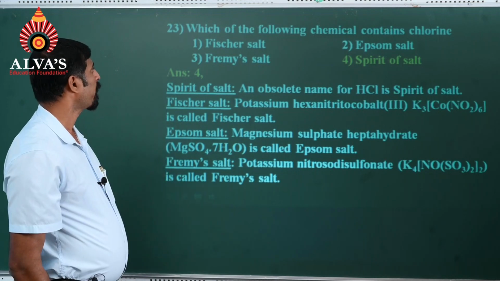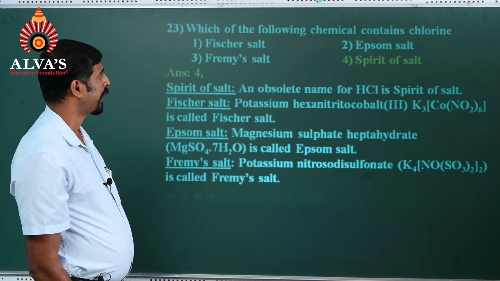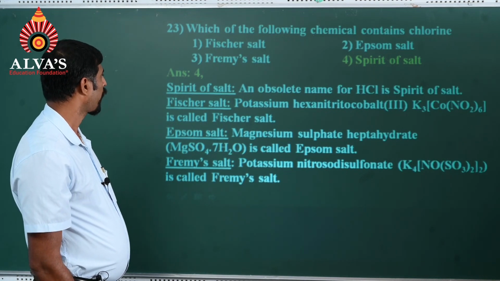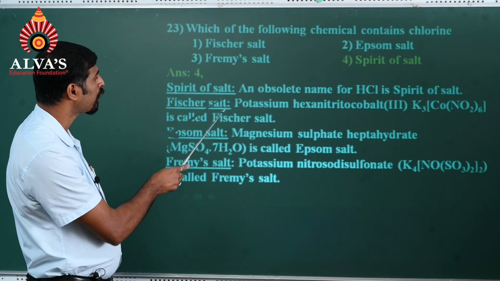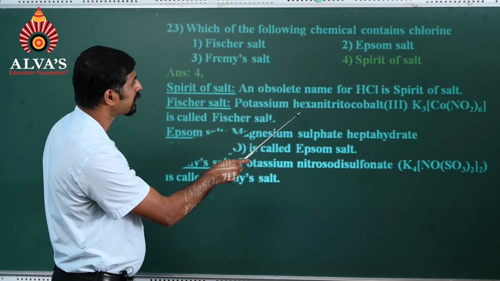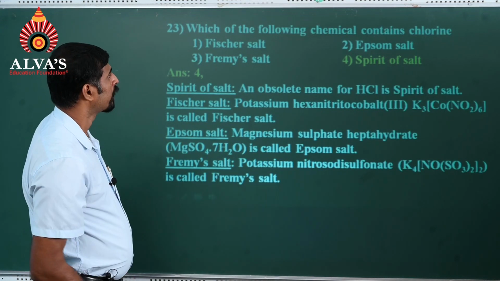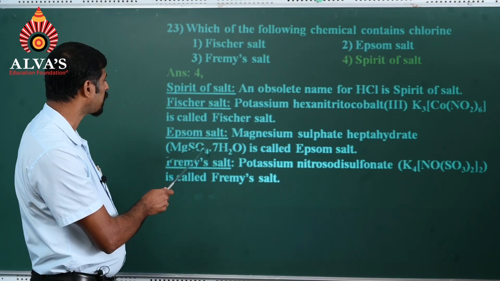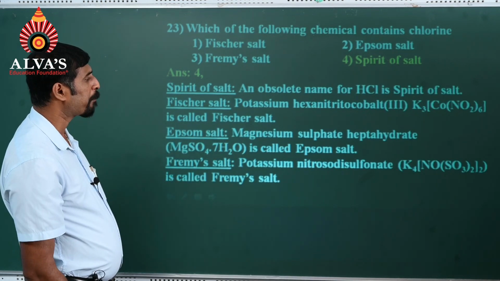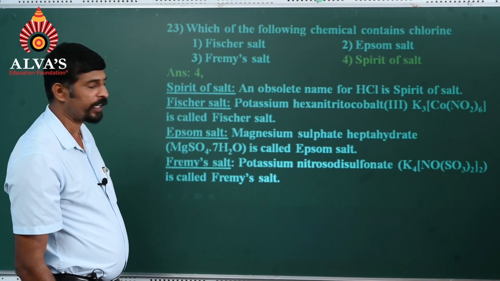Next, move on to question number 23. Which of the following chemicals contains chlorine? Okay, if you observe the option Fischer salt, what is this Fischer salt? That is nothing but the potassium hexanitritocobaltate(III) complex. In that, chlorine is not present. Next, Epsom salt is nothing but magnesium sulfate heptahydrate, that is MgSO4·7H2O. In this also, chlorine is absent.